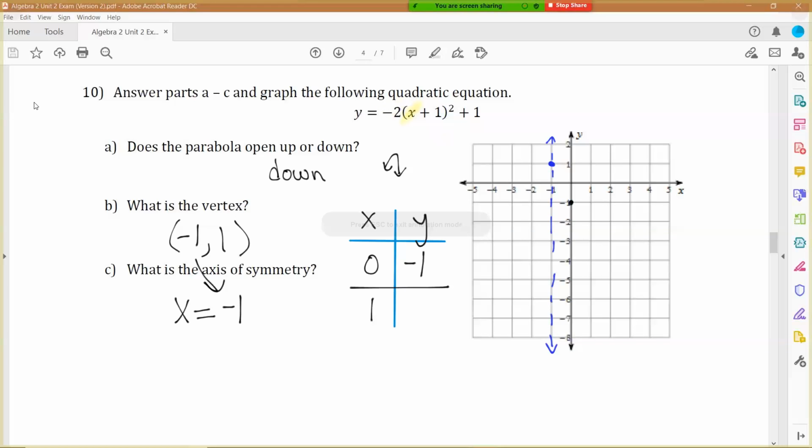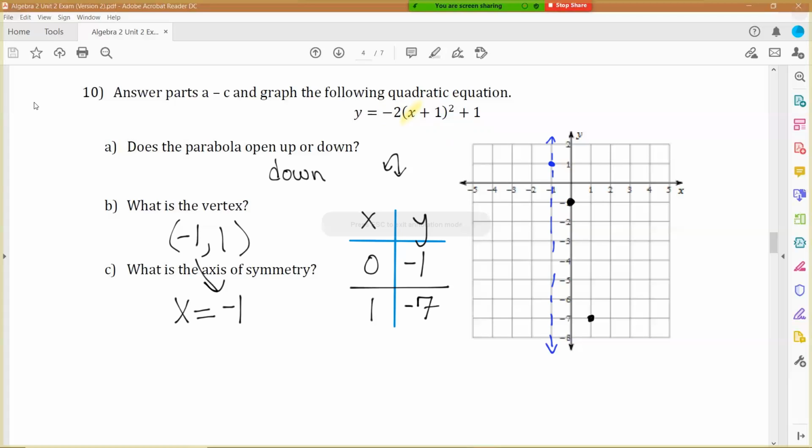That gives me this point right here. If I plug in a +1, I get -7, which gives me this point right here. So now my hard work's done.